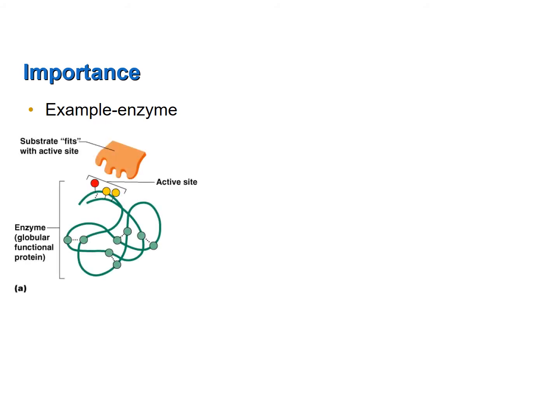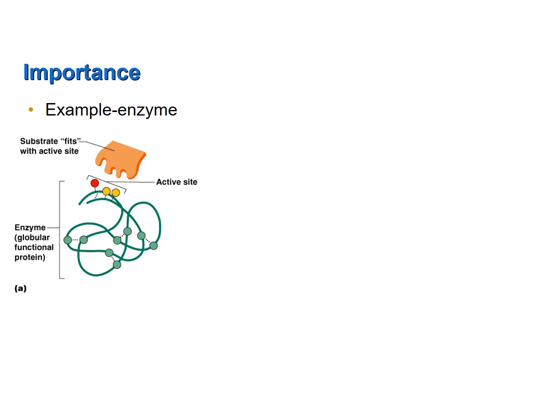Here we have an enzyme and we have a substrate. And recall that an enzyme binds a substrate at what's called the active site. Notice that in order for an enzyme to bind the active site, it has to have a particular shape that matches the active site. Again, like a key to a keyhole.